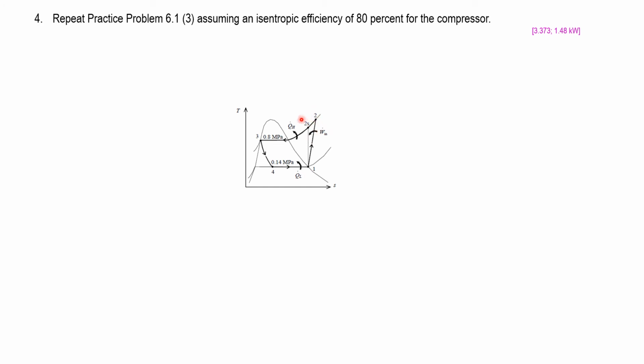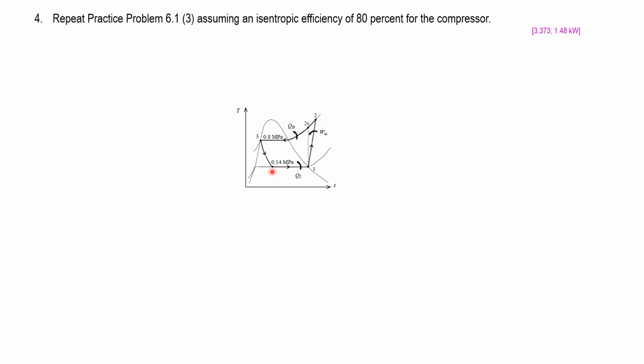Now you have one extra point here called 2s. This is what we need to find as well, because you need this point to calculate your isentropic efficiency, which is already given here. But you will need that formula to calculate some other values, which we will see in the solution. Points 3 and 4 are similar to what we have discussed earlier.